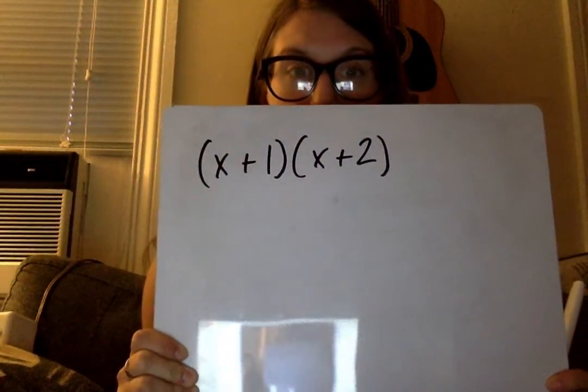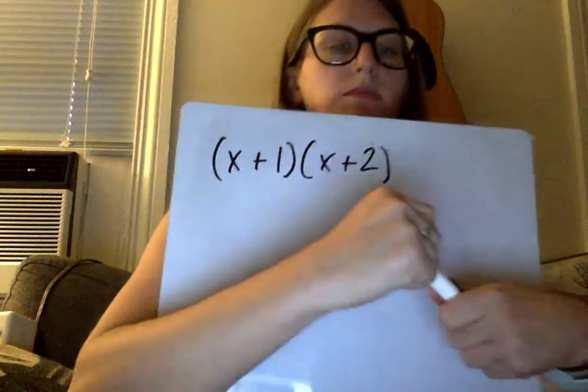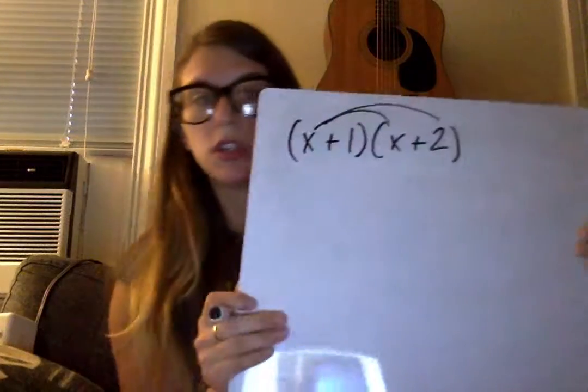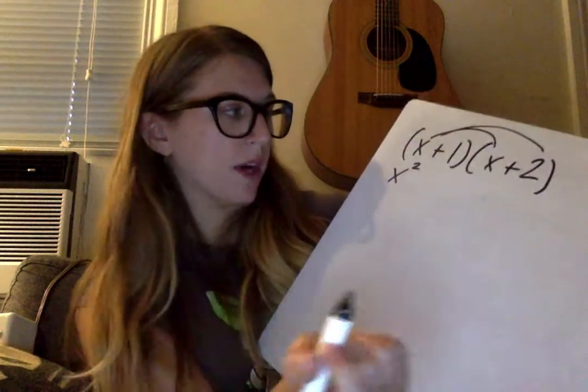So the first one I do is really basic, x plus 1 times x plus 2. And I'm going to swoosh, swoosh. So I'm going to show you my lines. I'm going to write that down first. So x times x is x squared.